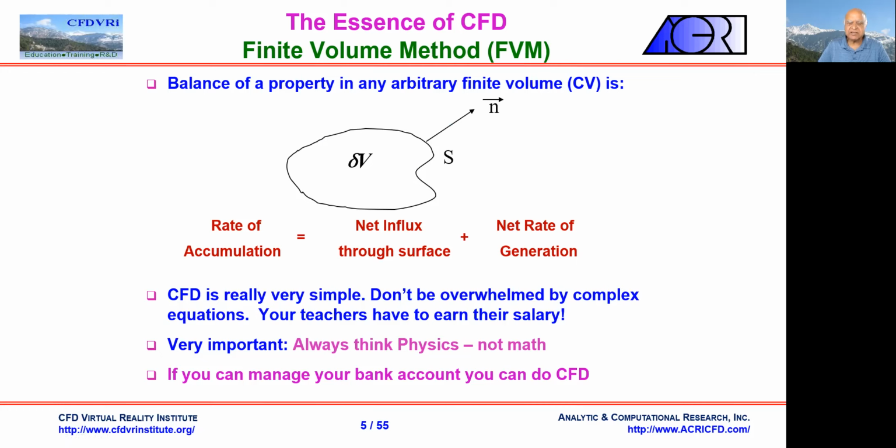So the essence of CFD is that the rate of accumulation in this volume is equal to the net influx to the surface plus net rate of generation. Nothing else can happen. So CFD is really very simple.